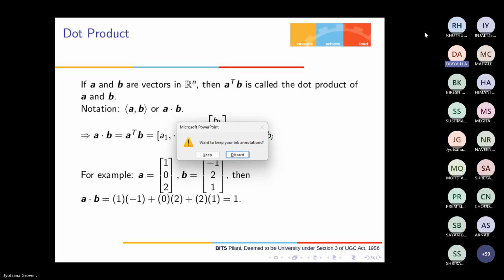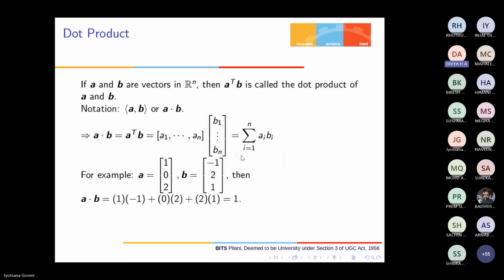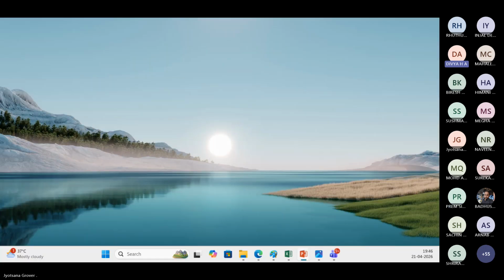Ma'am, in the quiz that you have given, for problem number 13, I'm kind of stuck. Would it be possible for you to share the solution? Okay, 13. I'll just check. I think I have it here.